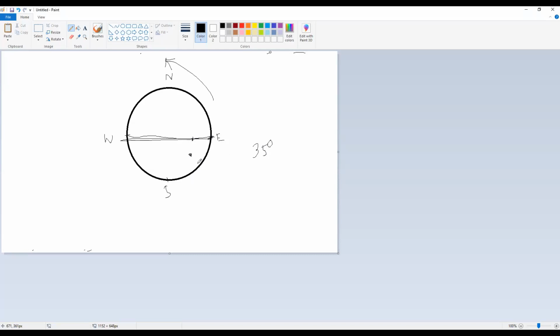Rotating back to its original position because the marker is there, along the pivot we can now measure, it should be around 125. 125 plus 35 is the lineation of this particular line. Understood?